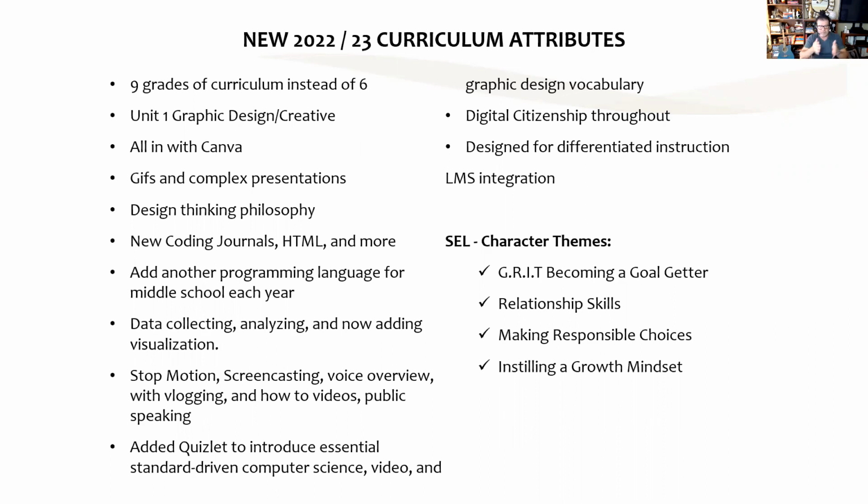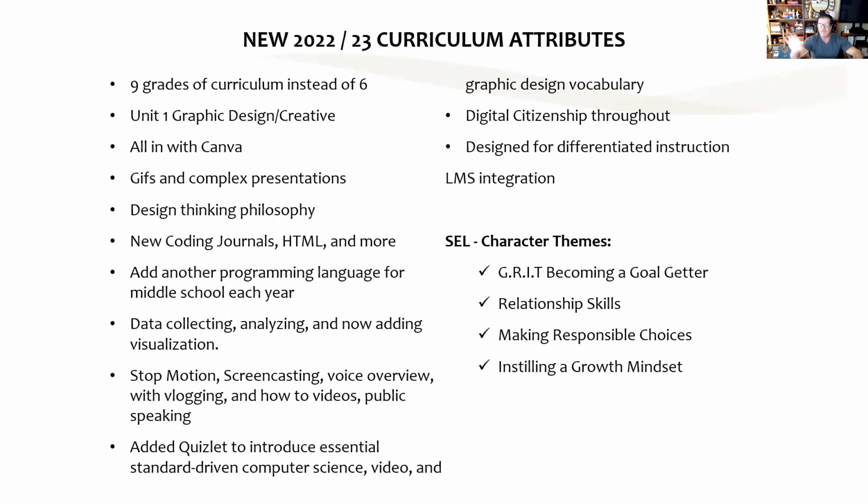Those are the four quarterly themes, but each project has its own unique theme, but that kind of gives you an outline of what we're trying to accomplish here. And the big picture next year is creating world changers. That's kind of what we're all about.